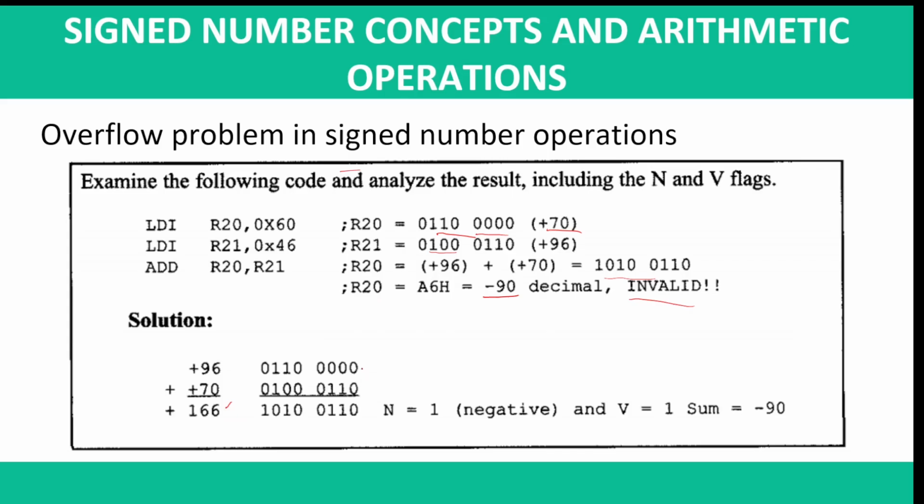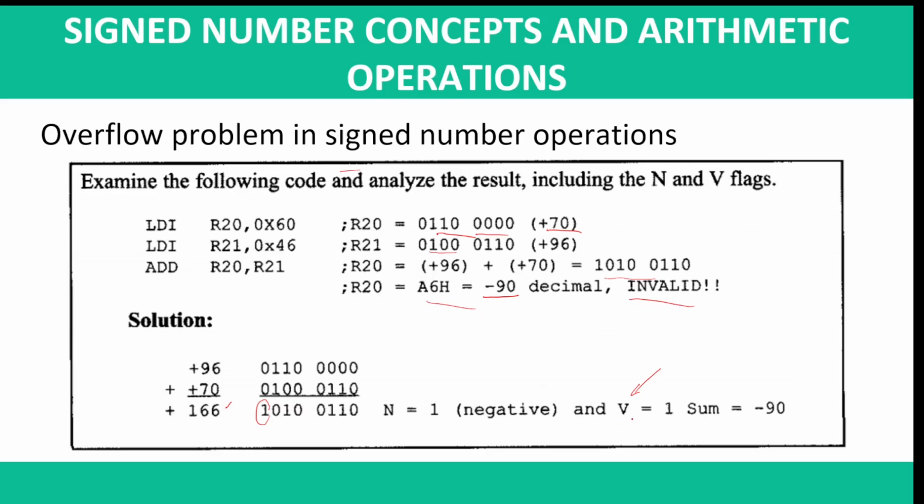So if we add them together using the binary, we can see that the 7th digit is equal to 1, meaning negative. So N is equal to 1 and since it exceeds 127, we will have our overflow V is equal to 1 and the sum is equal to negative 90 according to our AVR.